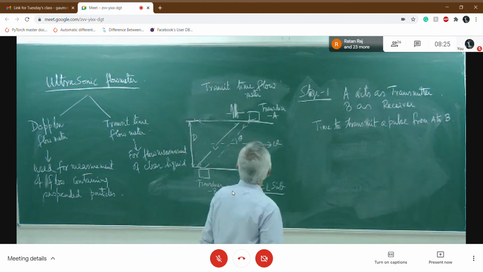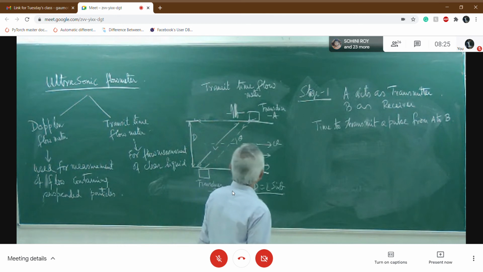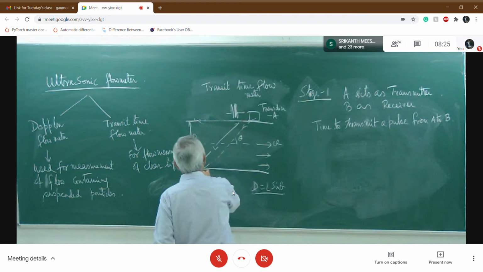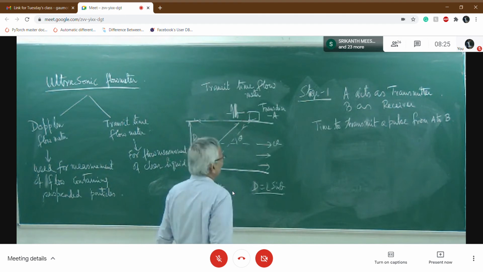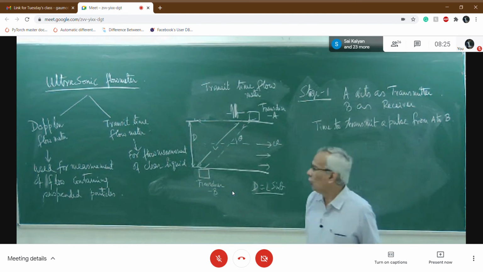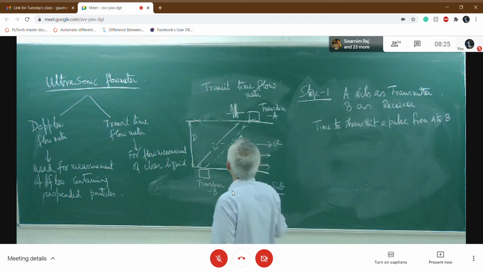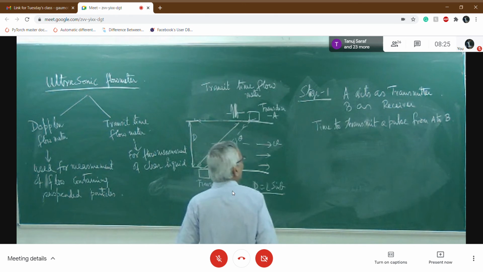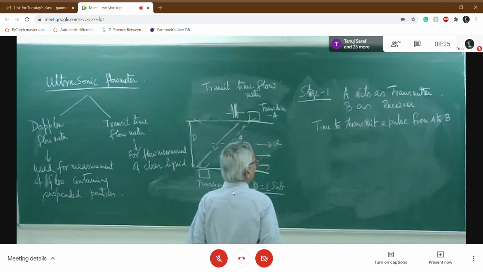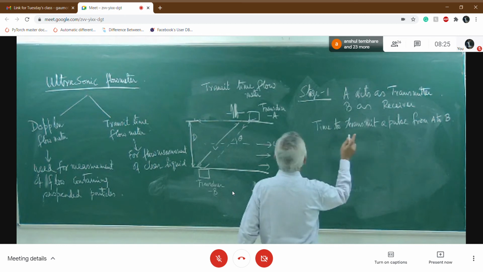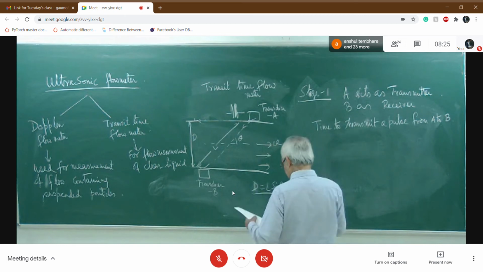This ultrasound is sent at time T1 and received at the other end by B at time T2. So T2 minus T1 is what we call the transit time, the time to transmit from A to B.